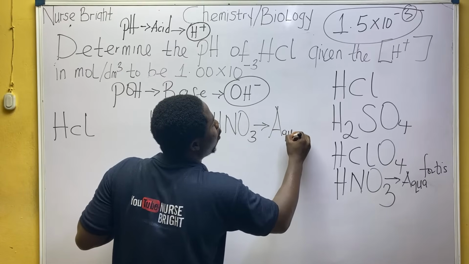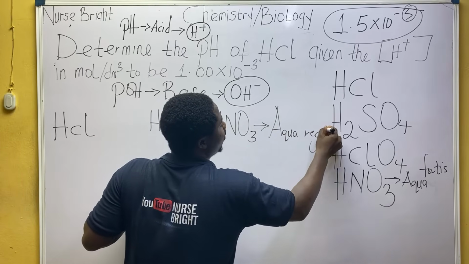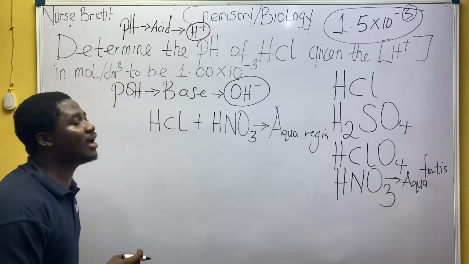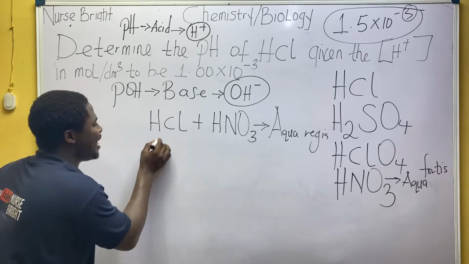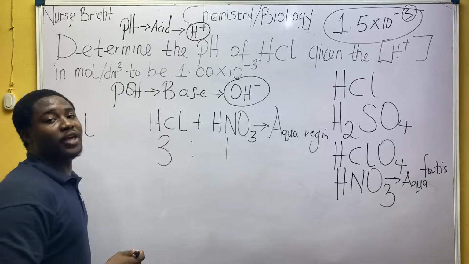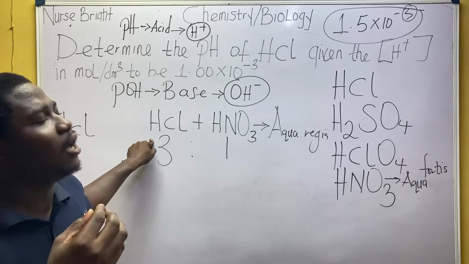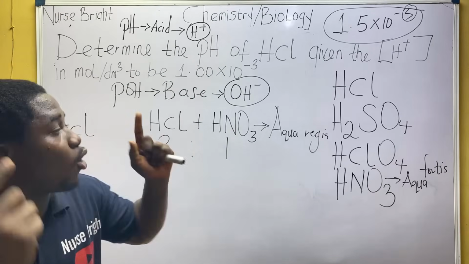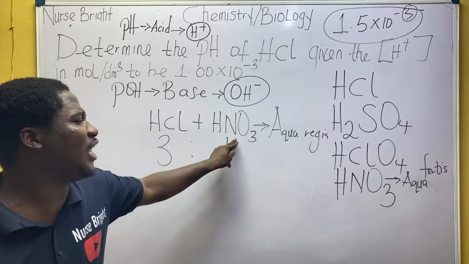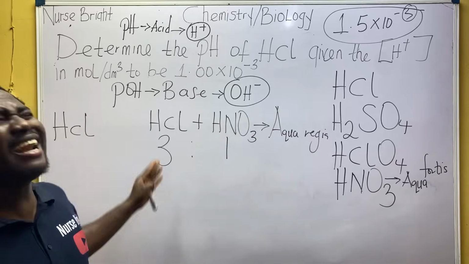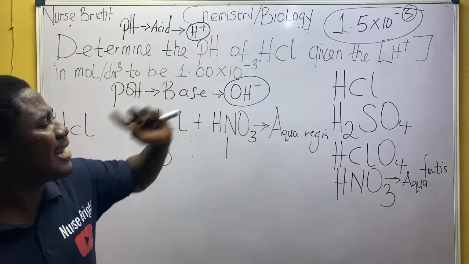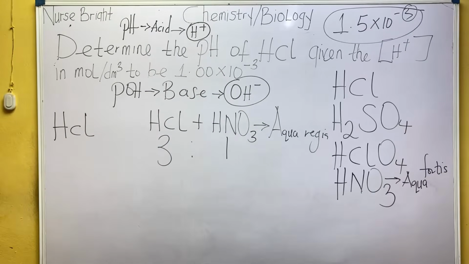Please note all these things. The composition of hydrochloric acid combined with the HNO3, which is initially called aqua fortis, is 3:1, and they form aqua regia. Guys, note all these things.